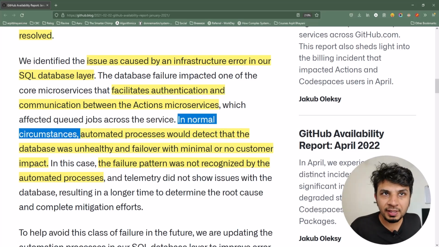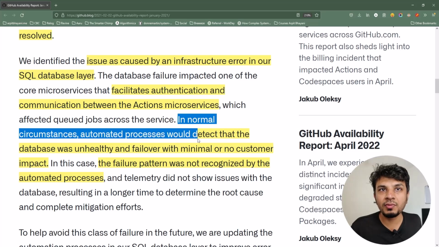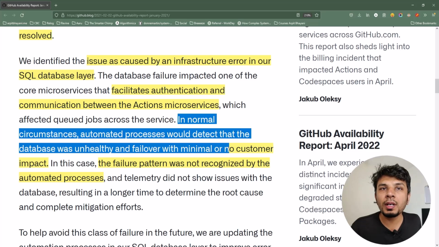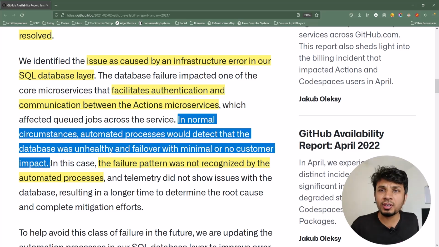In normal circumstances, automated processes would detect that the database was unhealthy and fail over with minimal or no customer impact, because this is a very regular exercise where the master goes down and a replica is promoted to be the master. Hardly a few writes fail in the span of half a second or a second, but nothing major happens. It's a very standard operating procedure. But this was a normal circumstance where this should have happened, but it did not.